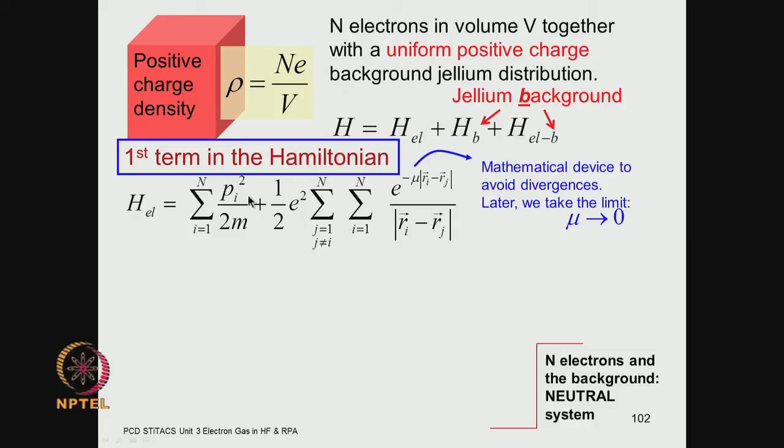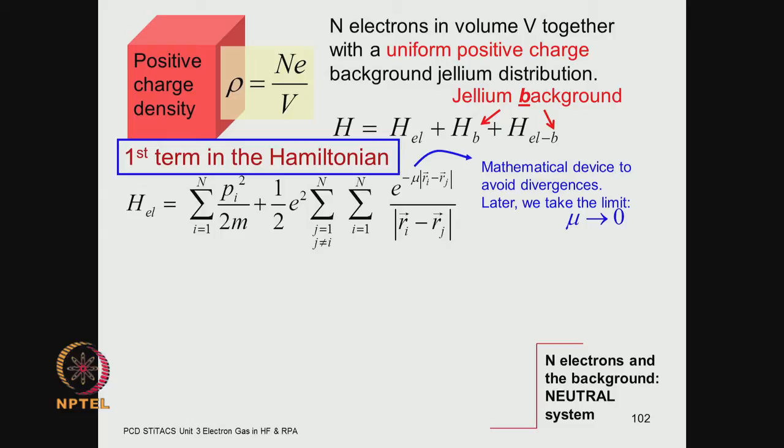So, let us work with this Hamiltonian now. Let us look at the first term in the Hamiltonian. You have the kinetic energy term, which is the usual one. You have the usual e square over r term in the Hamiltonian, but what we have done here is introduce a convergence factor. Instead of 1 over distance, I scale the 1 over distance by e to the minus mu distance, and eventually I will take the limit mu going to 0.